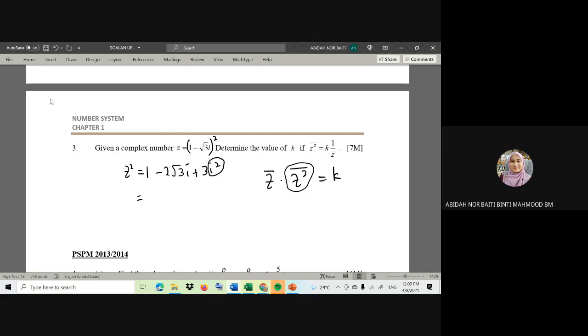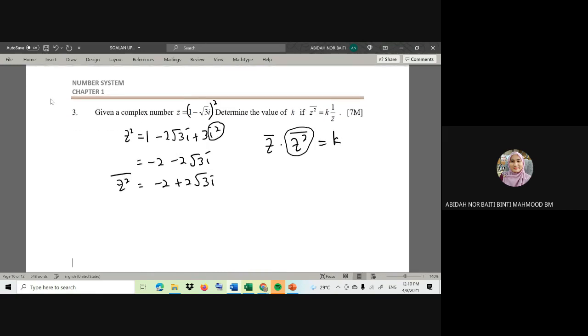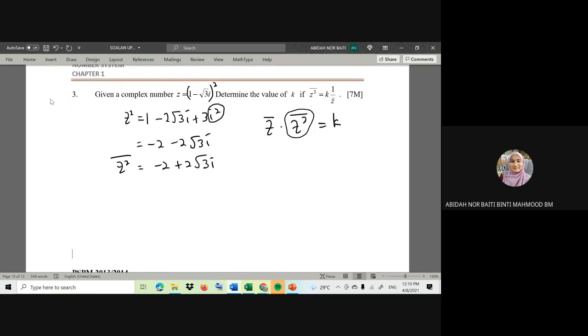So 1 minus 3 is minus 2 root 3i. Ya, betul ya? Betul, madam. Therefore, your conjugate for Z squared is negative 2 plus 2 root 3i. Betul ke dapat macam ni? Sama tak?